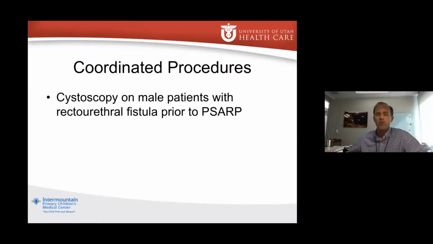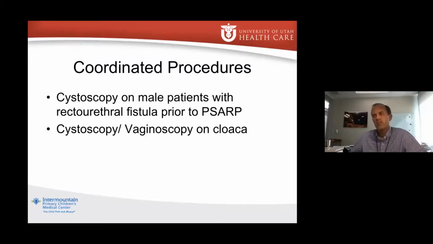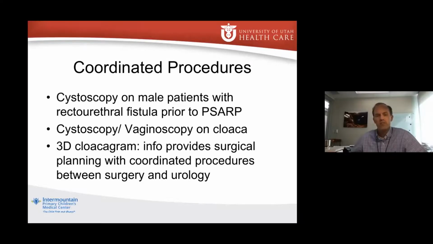In terms of the coordinated procedures, we typically do cystoscopy on male patients with rectourethral fistula prior to their PSARP, but not necessarily on the perineal fistulas. We'll do cystoscopy and vaginoscopy on all of the cloaca patients, and we coordinate both of these together with the pediatric surgeons.